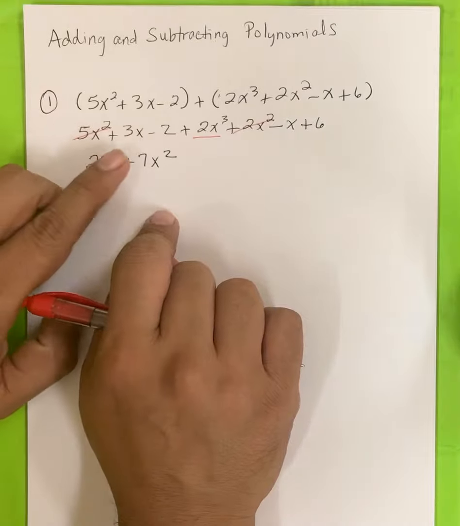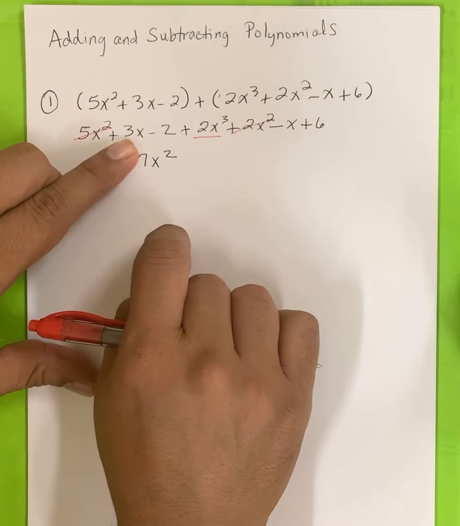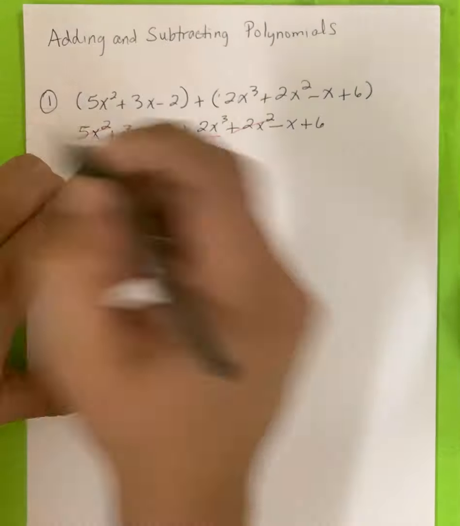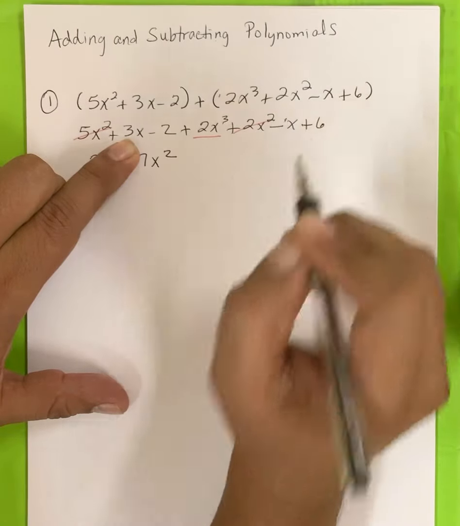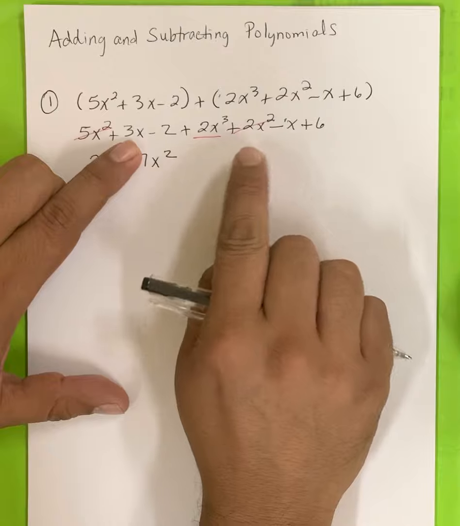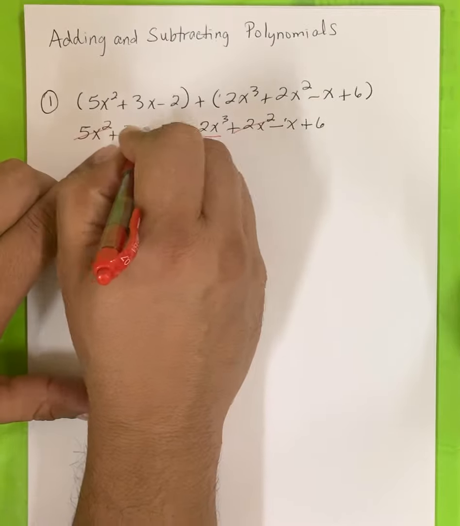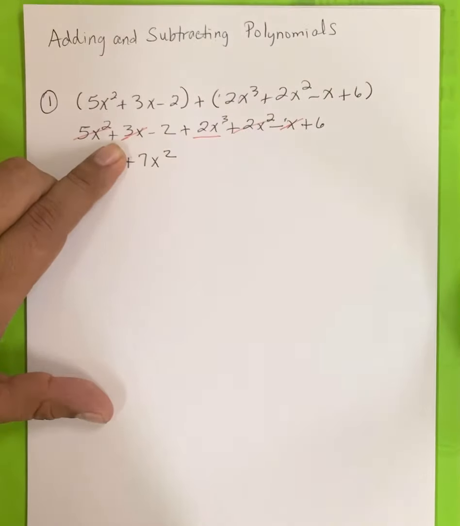Now we look for the terms with x. We have 3x minus x. This x is like a 1x, even though the 1 is not there. So 3x minus 1x gives us 2x. We cross these out so we won't get confused.